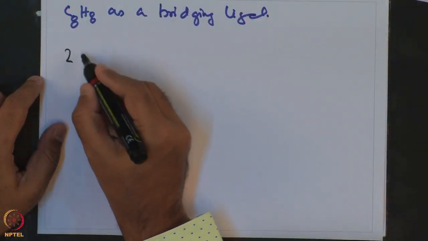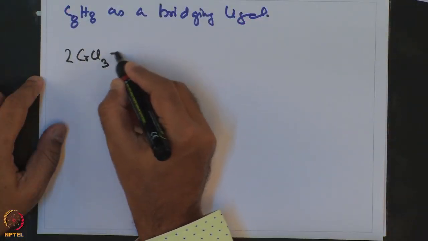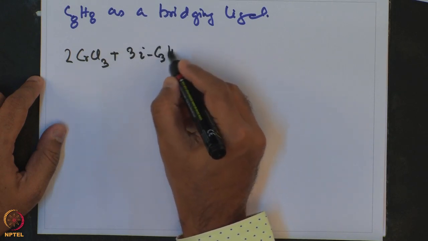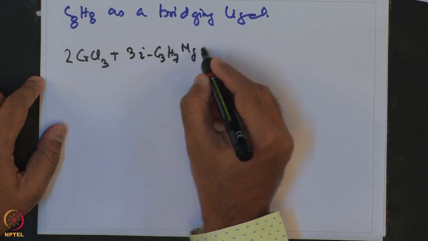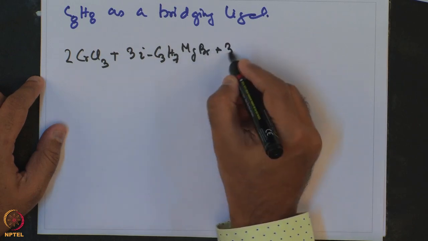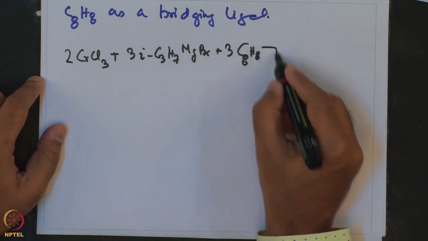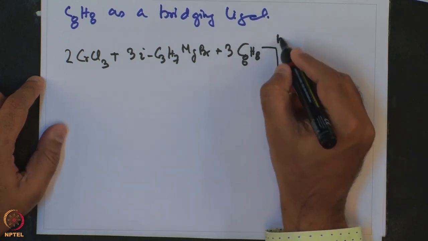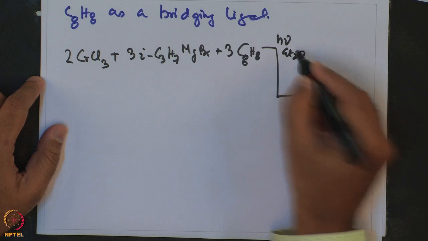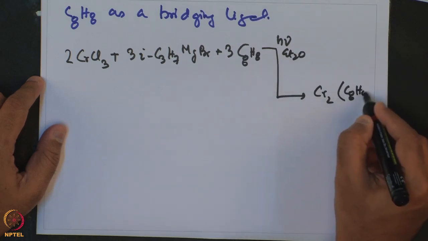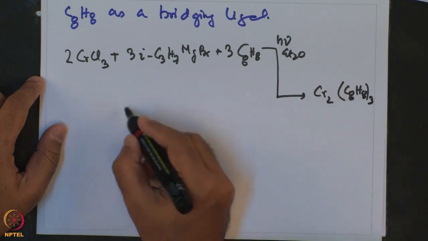For chromium, the reaction of chromium trichloride plus 3 isoC3H7MgBr plus 3 C8H8 in hν and ether gives Cr2(C8H8)3.